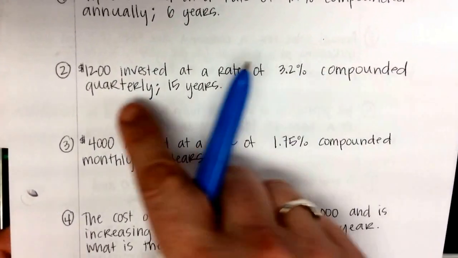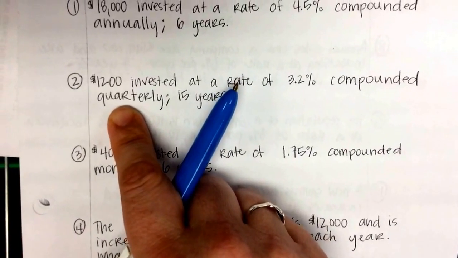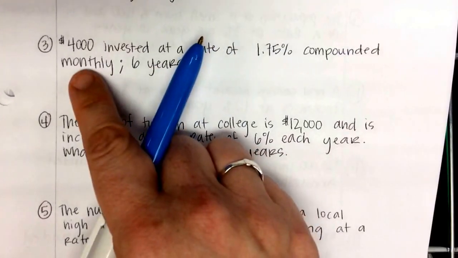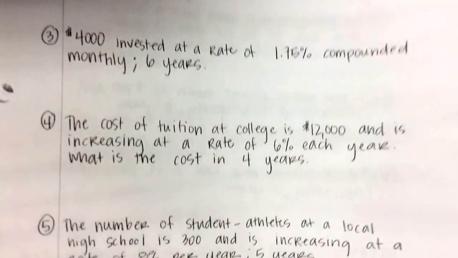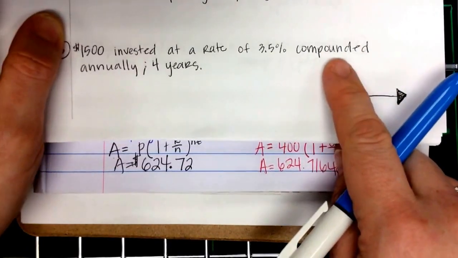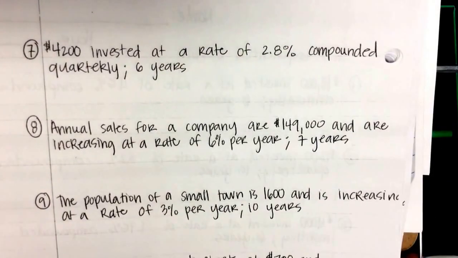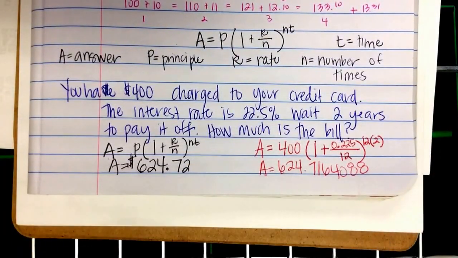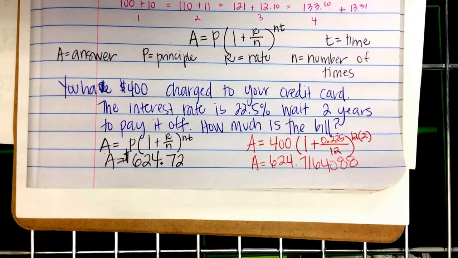If it's compounded quarterly, the number of times is what? 4. Compounded monthly, 12. Compounded annually, the number is 1. I don't think there's anything else. Quarterly, monthly, and annually. Sometimes it's bi-monthly, twice a month.